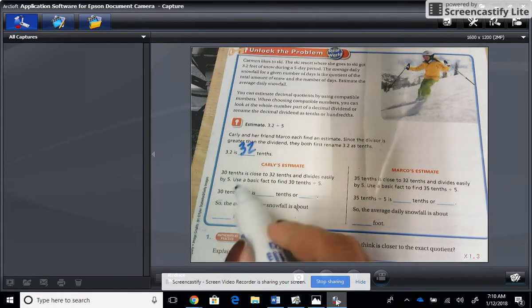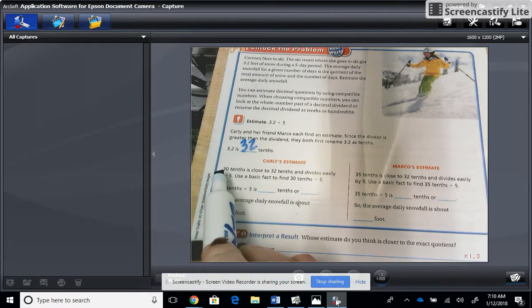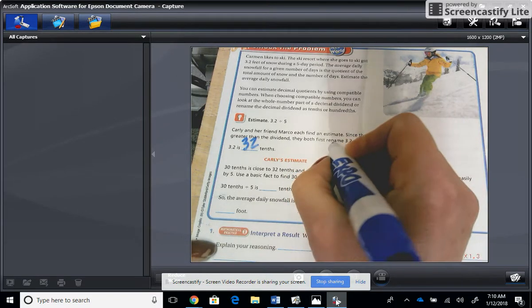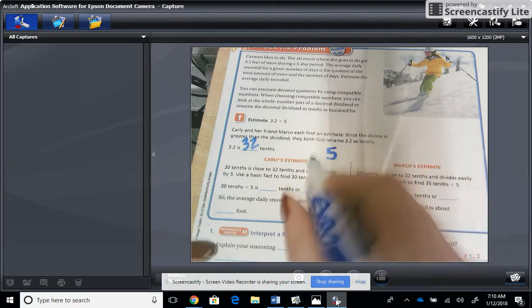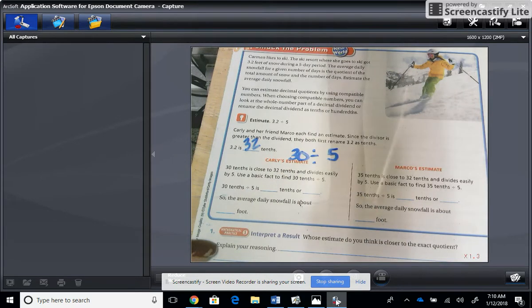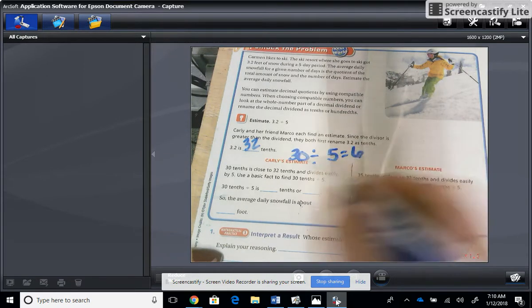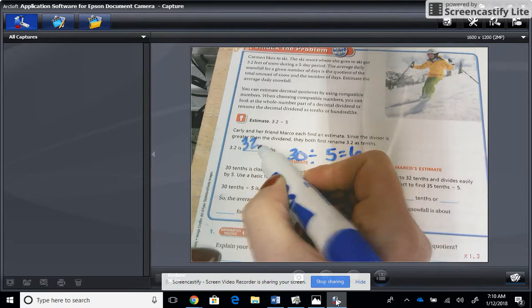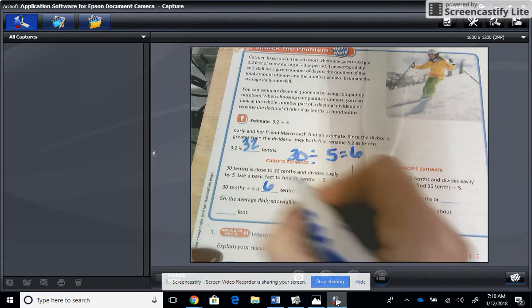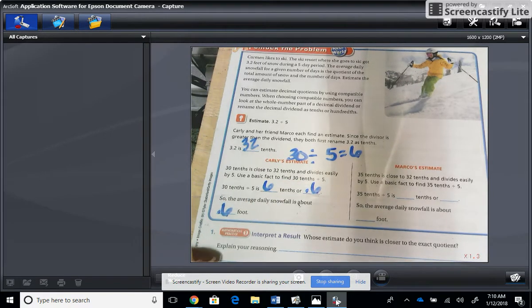Okay, so Carly changed it to 30 tenths because she knew that 30 is a compatible number to 5. 30 divided by 5 equals 6, but we're talking tenths, so it's about 6/10.